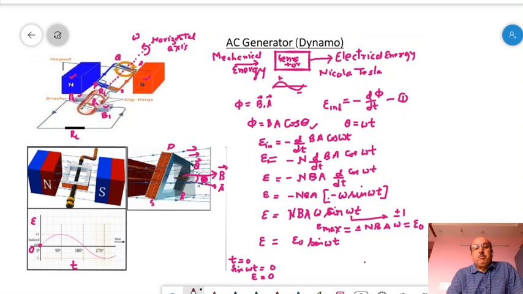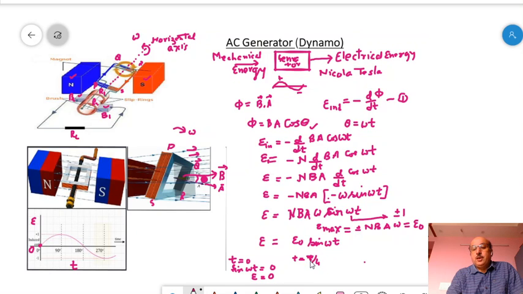Now as coil PQRS rotates with the angular velocity, the time comes to T by 4, that is one fourth of the total cycle time.